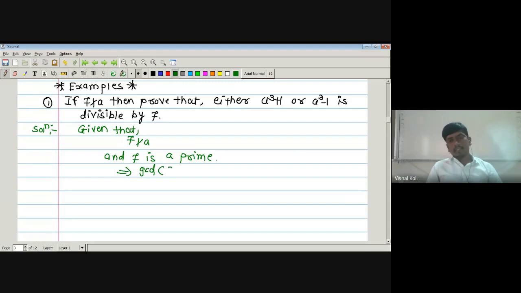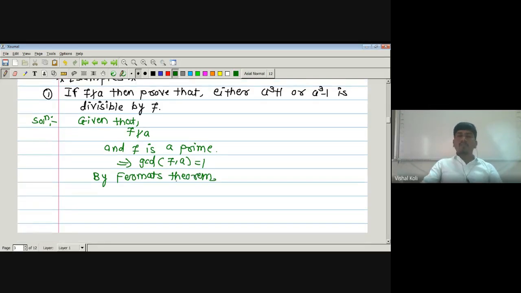GCD of 7 and a will be equal to 1. So here 7 does not divide a and 7 is a prime, then we can easily use Fermat's theorem. Then by Fermat's theorem, a to the power p minus 1 is congruent to 1 modulo p.